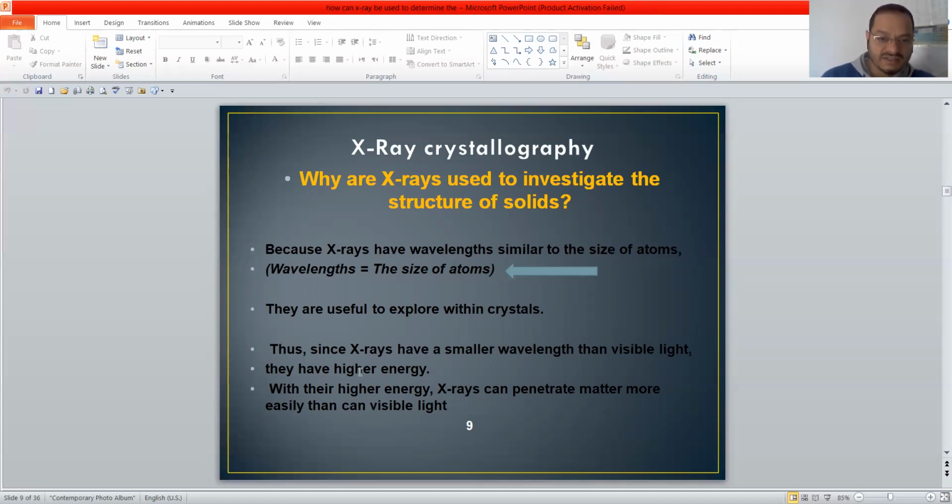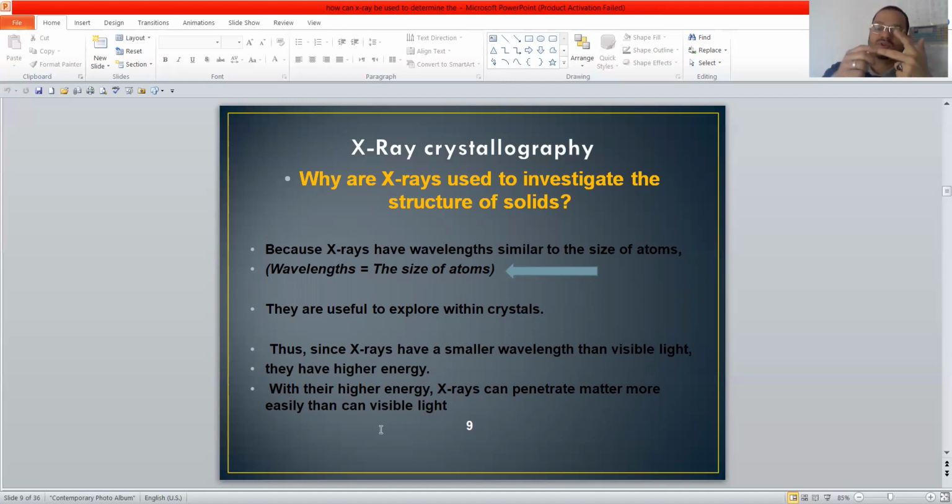They have higher energy. With their higher energy, what will they do? X-rays can penetrate matter more easily than visible light. Why? Because they have a wavelength similar to the size of atoms, and at the same time smaller than the wavelengths of visible light.